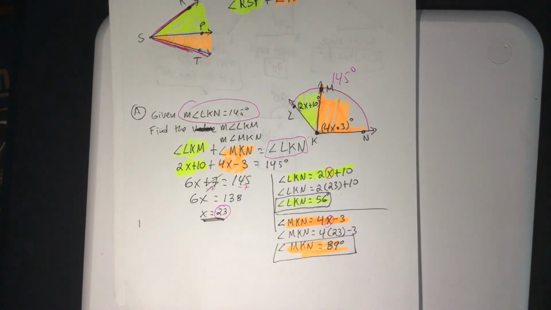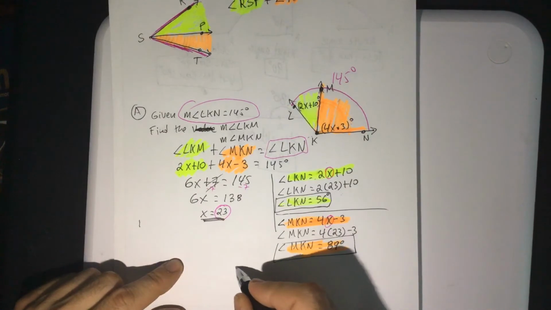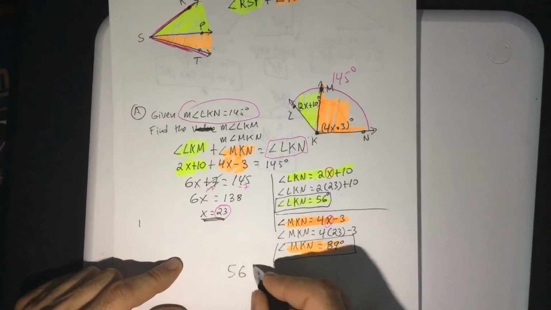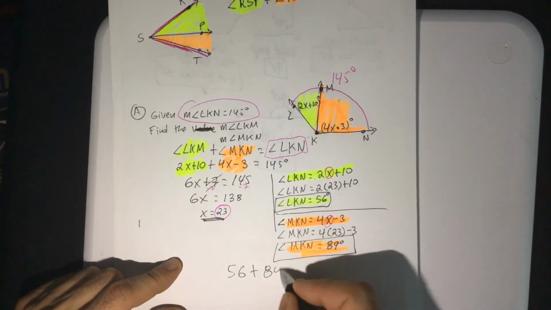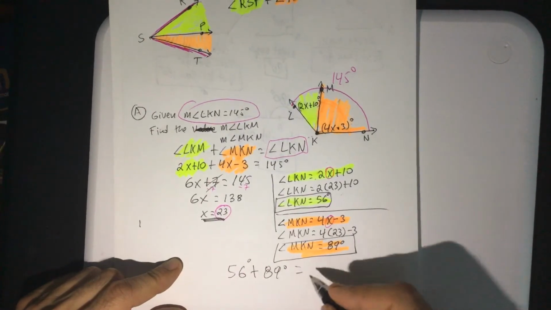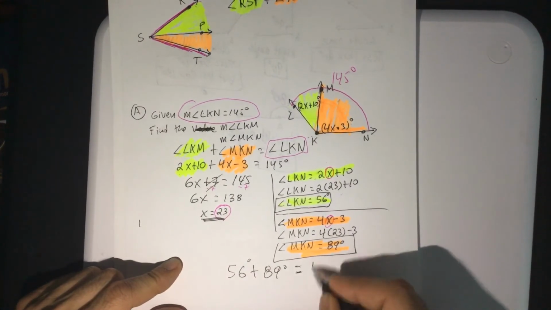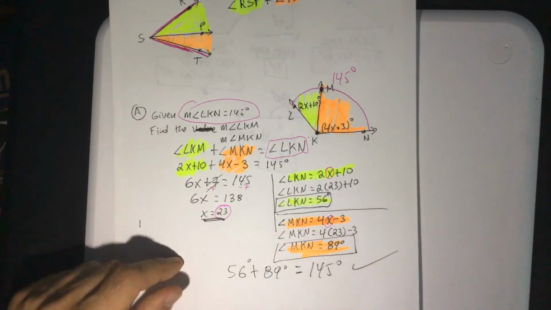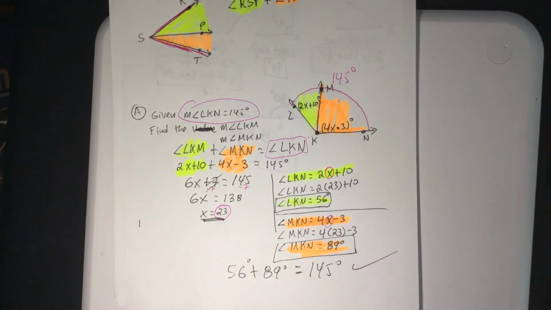Well, if you add together 56 plus 89, you should be getting 145 degrees. And that checks, right? And that's the answer for that. That's the angle addition postulate.